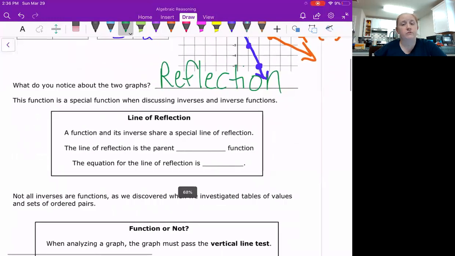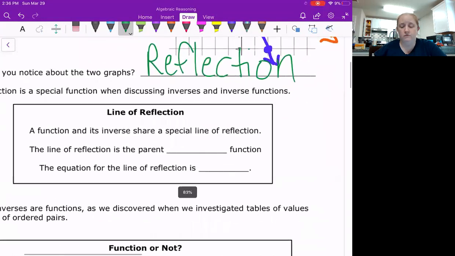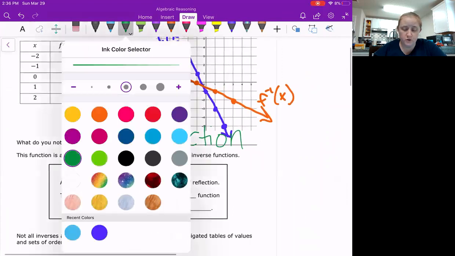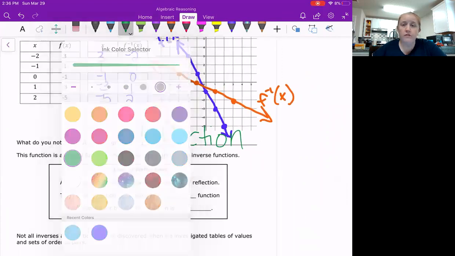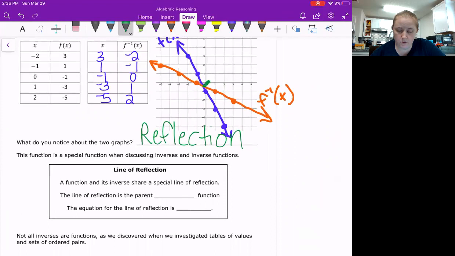So we've created what's called a line of reflection here. Between these two graphs, there is a line where they flip over, creating that mirror image. There's my line of reflection.